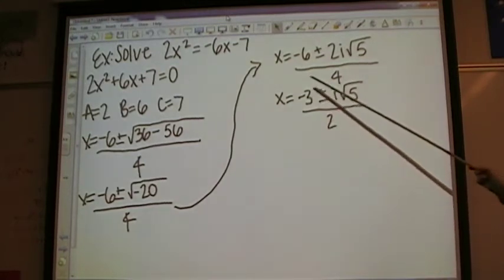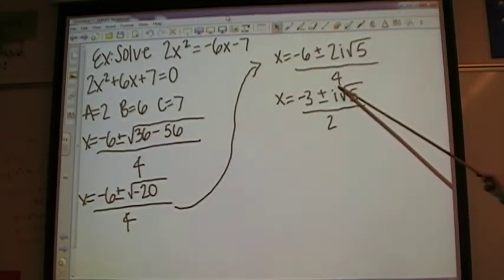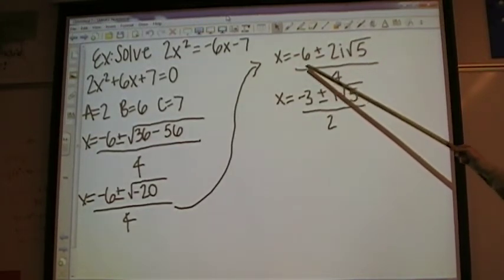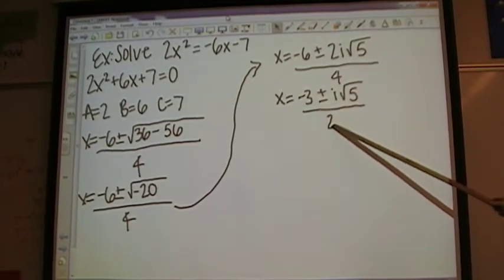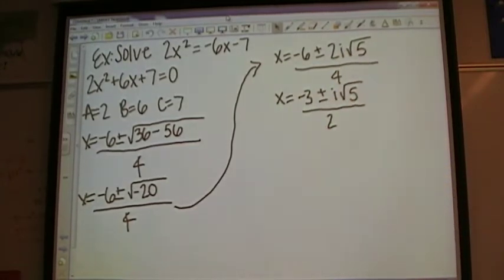And then we can reduce, since both your numerators can divide into 4, we can reduce negative 6 over 4 to negative 3 over 2, and 2 over 4 to 1 over 2. Make sure you understand that before we move on. That is your final answer. That's how you leave it right there. Negative 3 plus or minus i root 5 divided by 2.